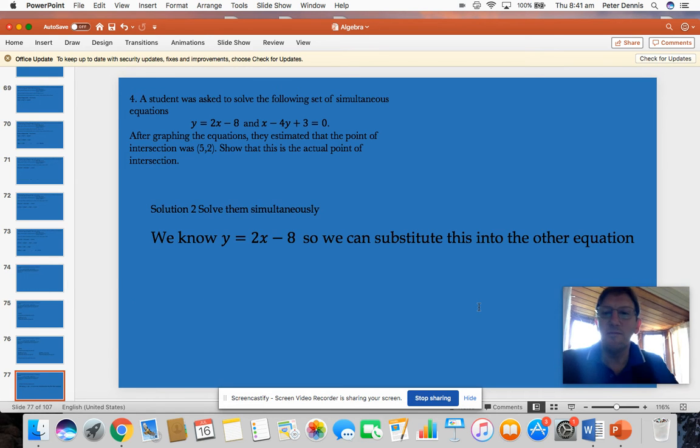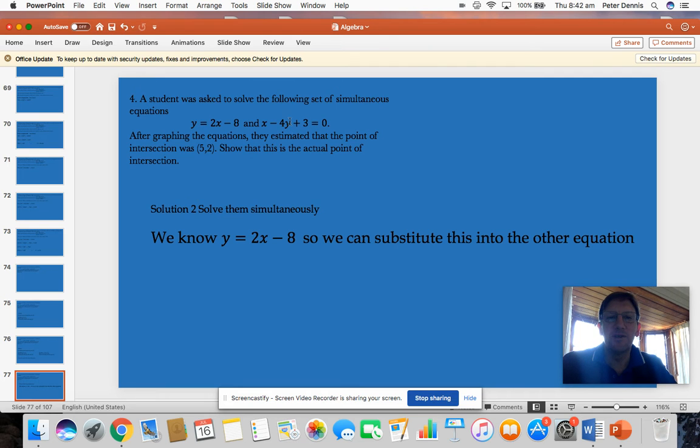Obviously, the other way that most people would do it is to solve these simultaneously. That's probably the way that most people would do it, but the other way is perhaps easier. So we're going to solve them simultaneously. What we know is that y equals 2x minus 8. If we knew that y equaled 6, we could put 6 in there.